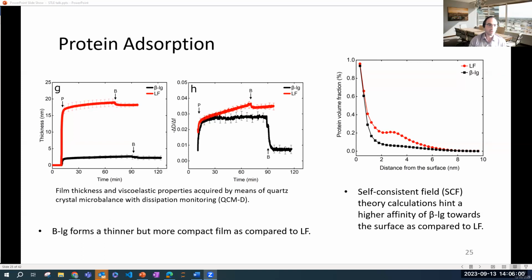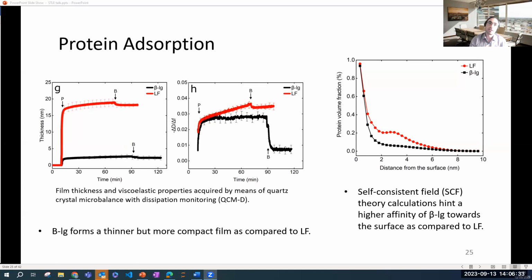When we compare the data from QCMD and AFM, it's evident that while lactoferrin forms a non-uniform film, BLG forms a uniform film, with a significant number of hydrated proteins adsorbed on the surface. This is also consistent with the SCF field theory calculation.